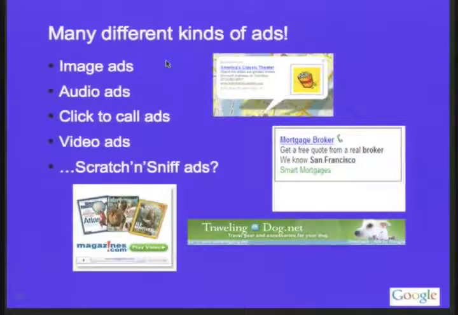In the publisher network, we have launched a number of different kinds of ad formats. So image ads, audio ads, click-to-call ads. So here is actually a case where we have a little telephonic icon, and you can click on that, and the user can end up calling the advertiser.